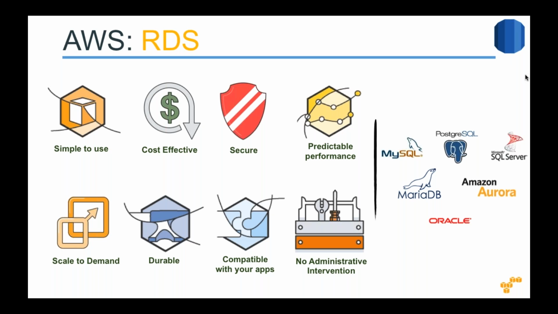So, as I was saying, security. If you are unfortunate and working for a very old client, they might be using something called a classic VPC, but that is not available anymore. You will have to put an RDS inside a VPC, and as we have seen quite often, we can create a security group and make sure who can access or who cannot access your RDS instances.